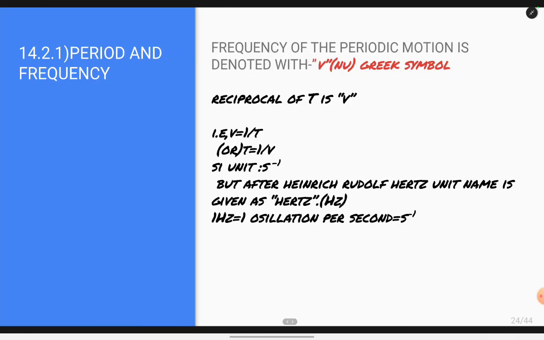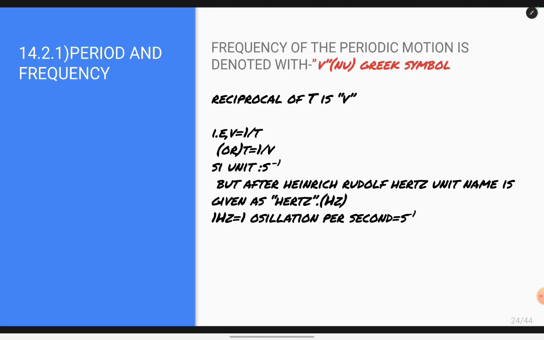Next, frequency. Frequency of periodic motion is denoted with nu, which is a Greek symbol. The reciprocal of time period T is nu. I already told you that nu is frequency.